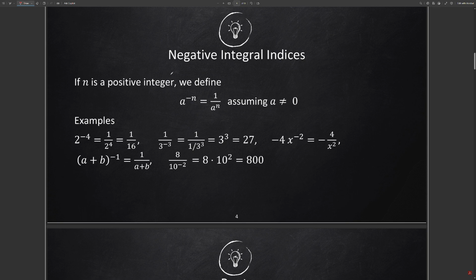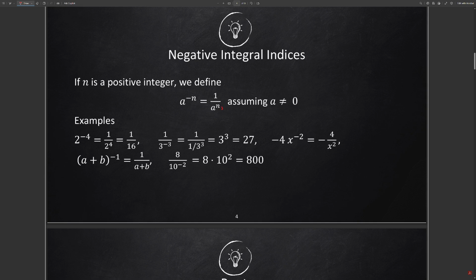If n is a positive integer, we define a to the power of negative n as equal to 1 upon a to the power of n, so the reciprocal, right? Assuming here, I forgot my comma here, that a is not equal to 0, because we want there to exist a certain value on the denominator without getting 0.